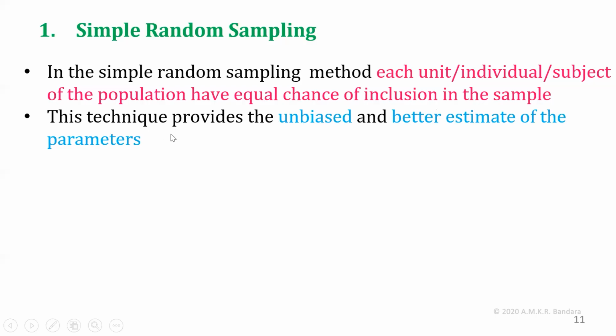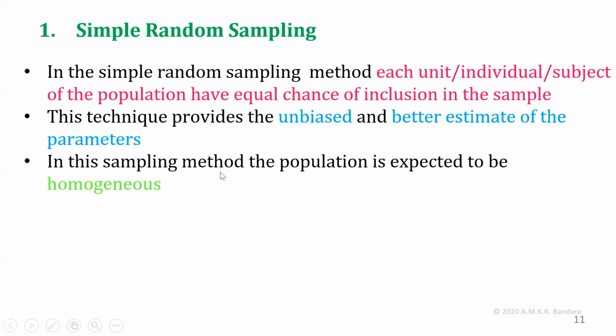This technique provides an unbiased and better estimate of the parameter. This is the most unbiased method if the population is homogeneous. In this sampling method, the population is expected to be homogeneous, as I mentioned.